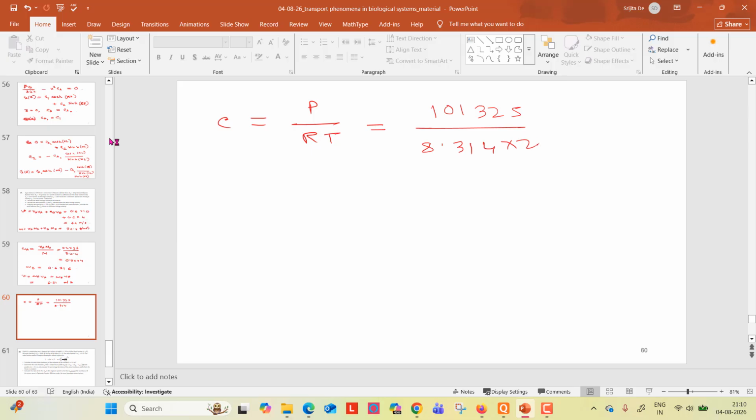It is coming as 40.90 mole per meter cube.